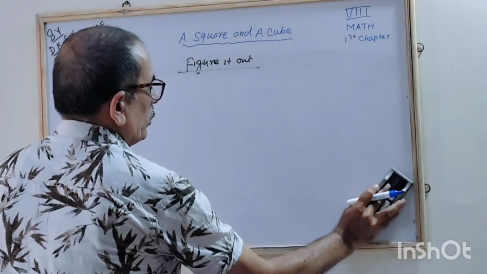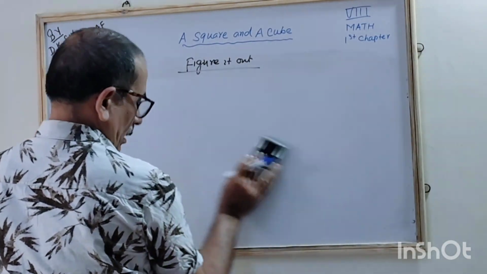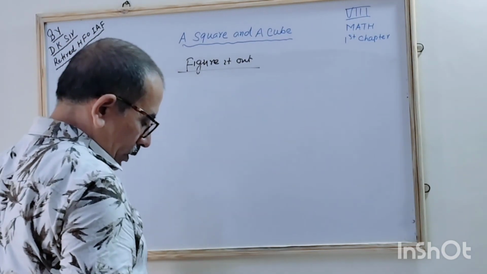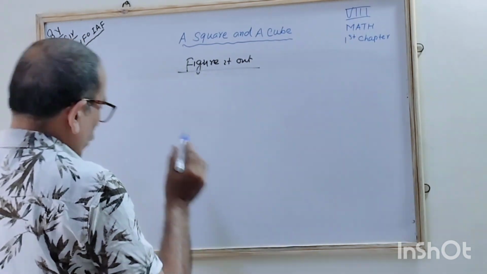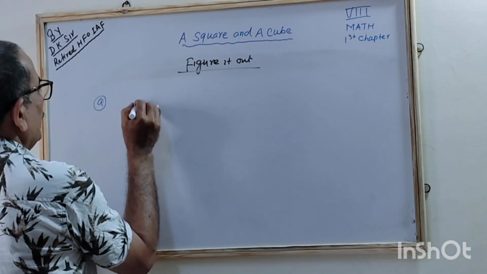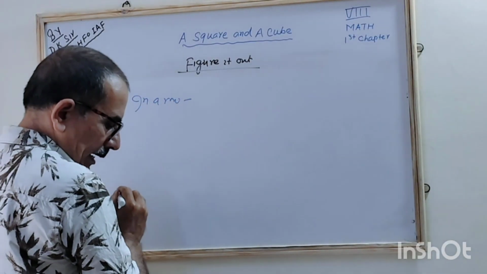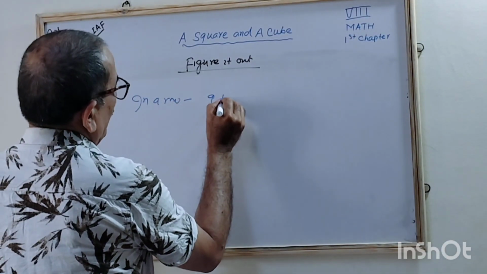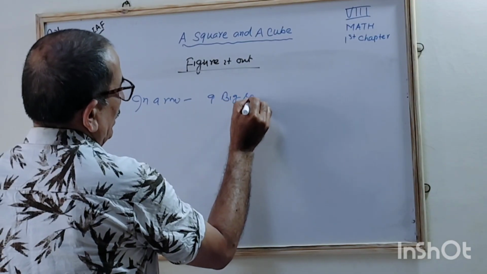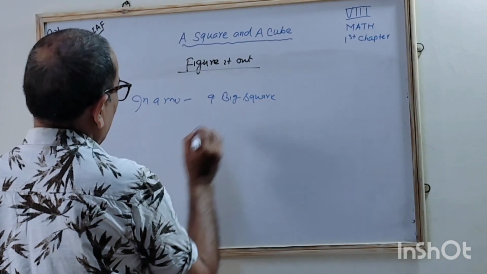So what is question number 9? Question number 9: they have given in a row, how many are there? The 9 big squares are there.